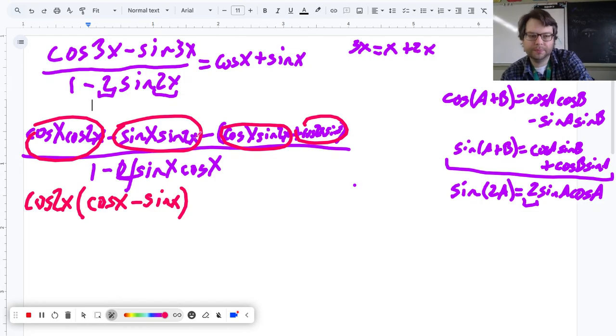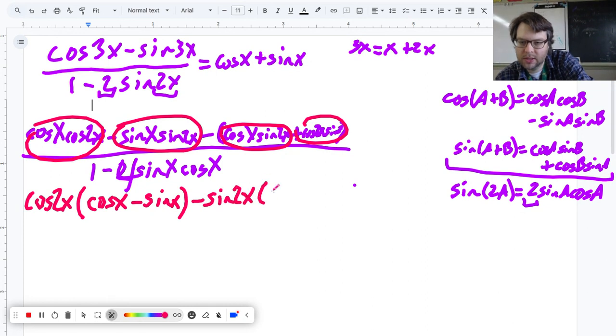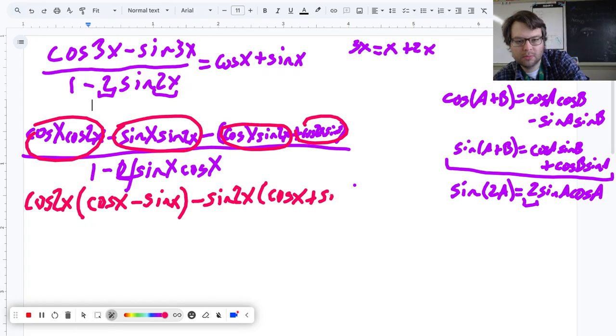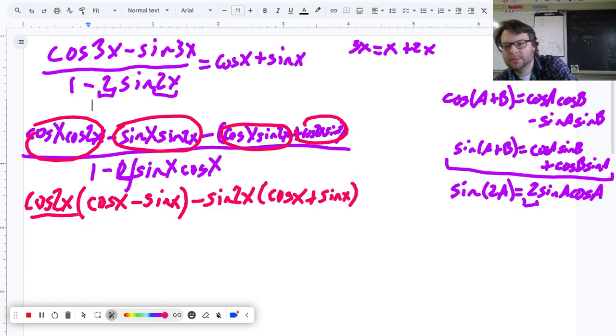Then both of those other two terms have sine x in common, and they're both negative, so I can write minus sine 2x. And then I have here cosine x plus sine x. I really wish that those pieces on the inside matched up, but they don't. So we just keep going.